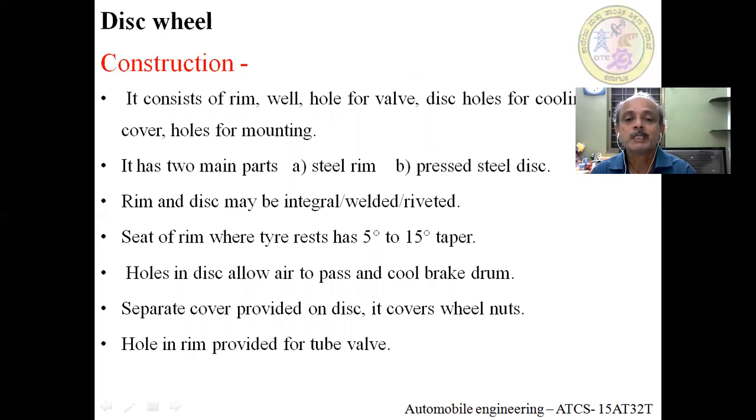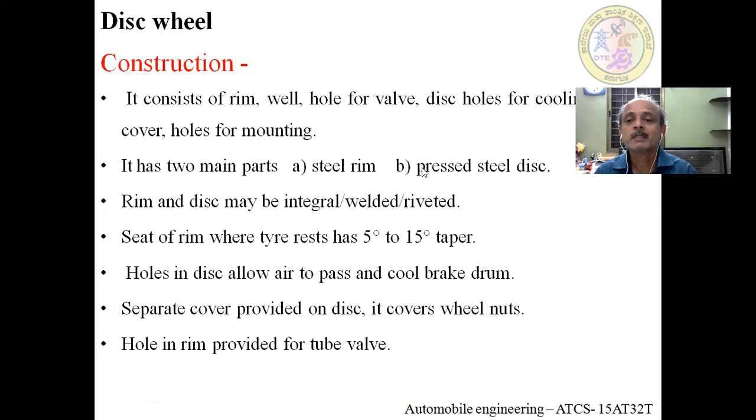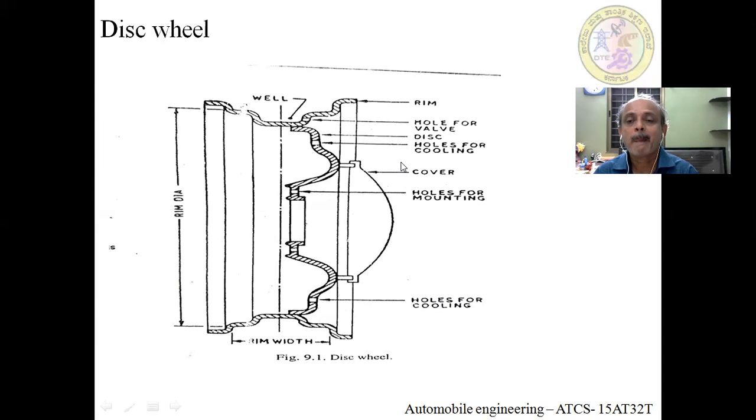Basically it has two main parts, a steel rim and a pressed steel disc. From here to here is called the steel rim. And the second one is the pressed steel disc, which we can see in the diagram.